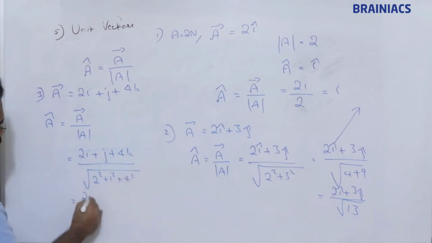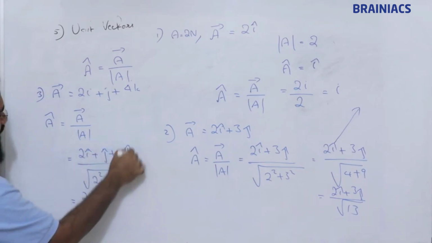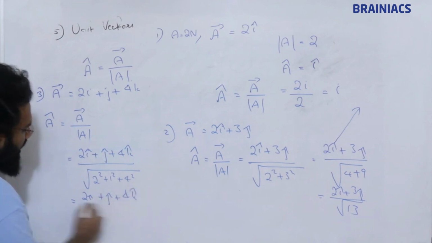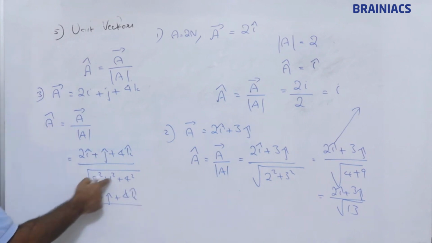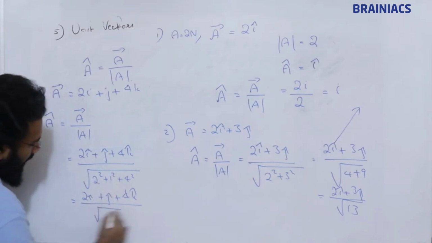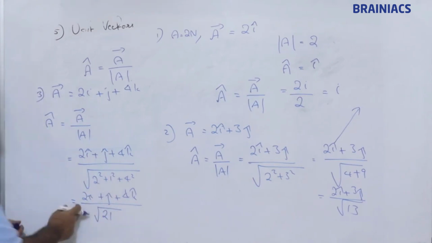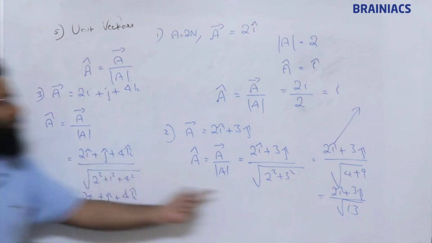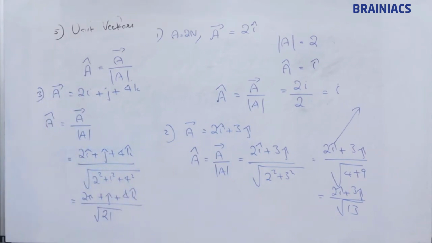Everywhere the cap must be there. 2i plus j plus 4k divided by root of 4 plus 1, 5, 5 plus 16, so this becomes root 21. Because this is the direction of the vector, we are just dividing by its magnitude. Finding the magnitude only, this formula we are using. I will generalize and give it. Clear?